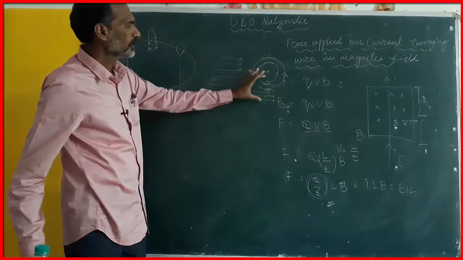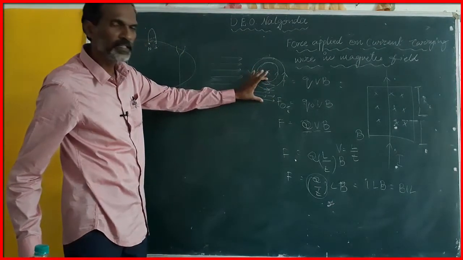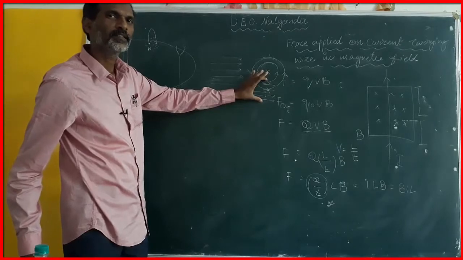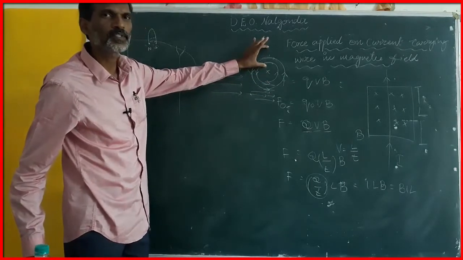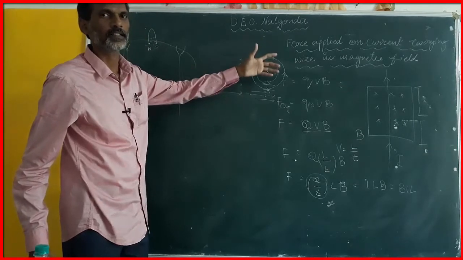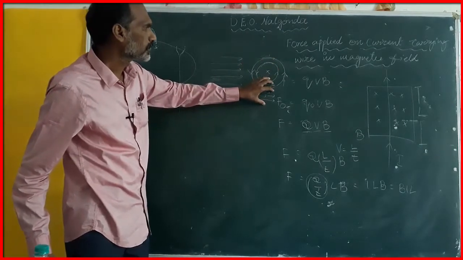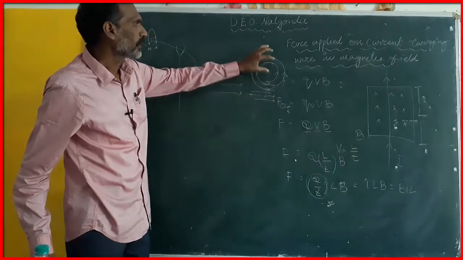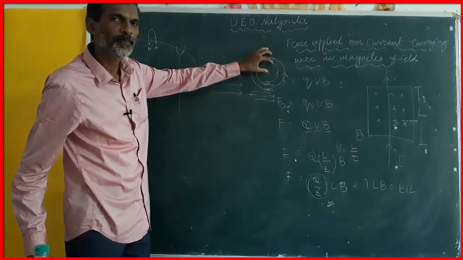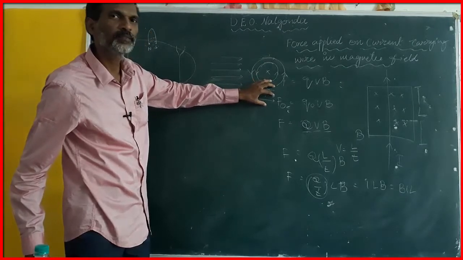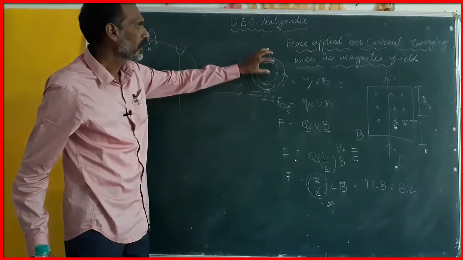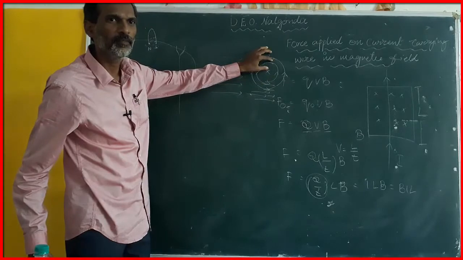It means the magnetic field at the lower part is stronger than the magnetic field at the upper part of the electric conductor. Here the magnetic field is very strong and here it is very low, so we find more magnetic field lines here and fewer here.